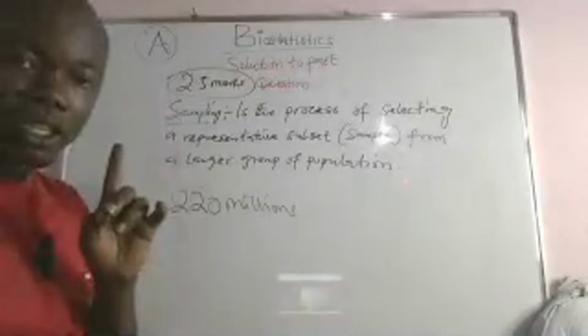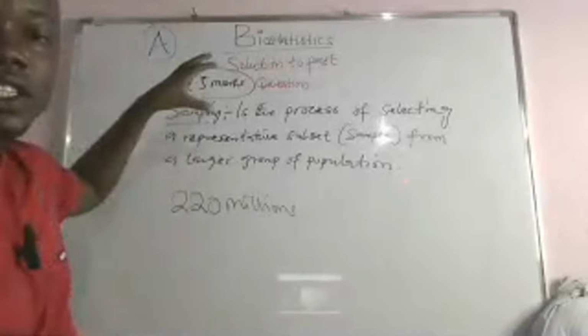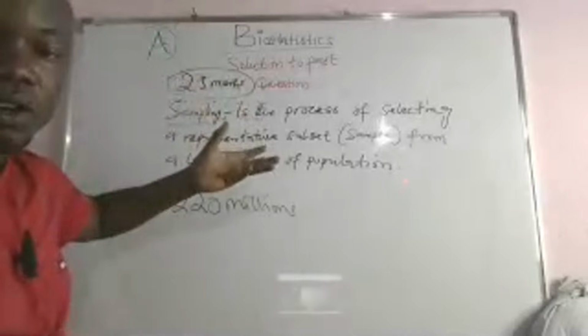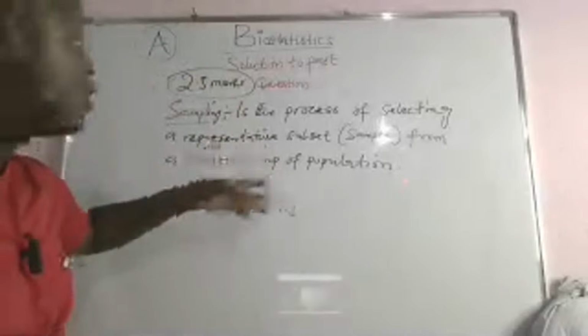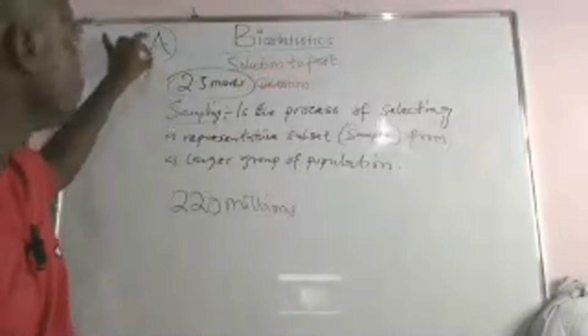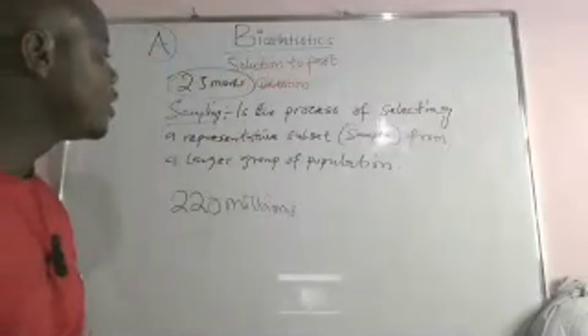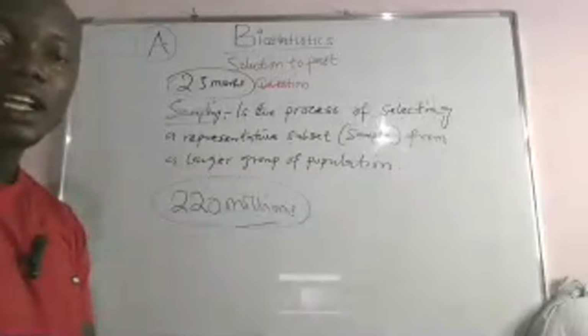So get the point, ladies and gentlemen. You have a new drug discovered for the treatment of diabetes, but you don't know whether this drug is toxic to the Nigerian population. So what do you do? Can you work with all these 220 million people in Nigeria?